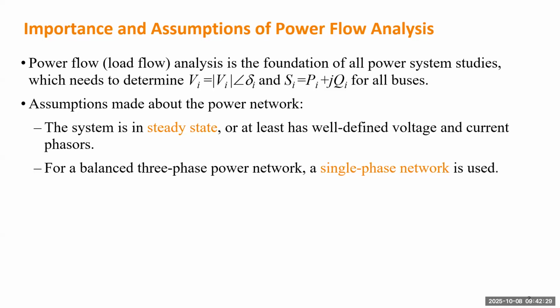It's very, very quick, much faster than simulating the 3-phase network at a very tiny time step, right? Which means power flow analysis can be applied to many studies, not just steady state and balanced conditions, but definitely if the system is in steady state and the network is perfectly balanced, the power flow result will be very accurate.